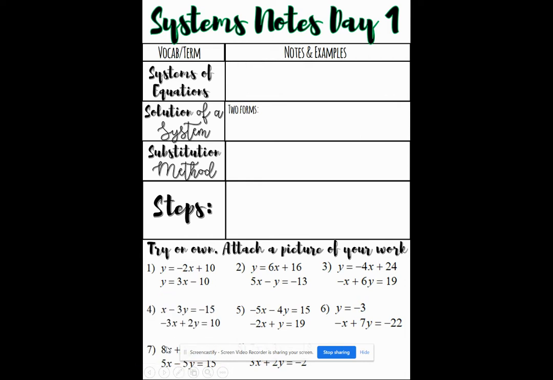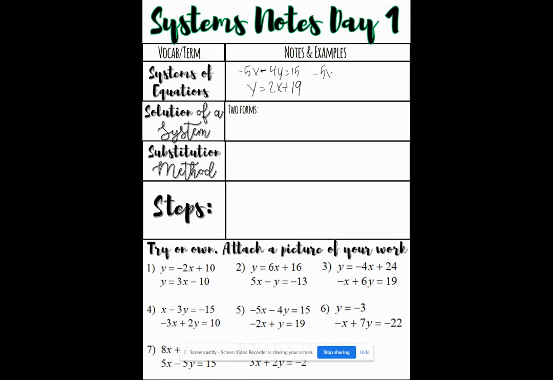Number 5, we have -5x minus 4y equals 15, -2x plus y equals 19. So I'm going to bring the 2x over so that original equation stays the same. Gonna add over the 2x. Now let's plug it in.